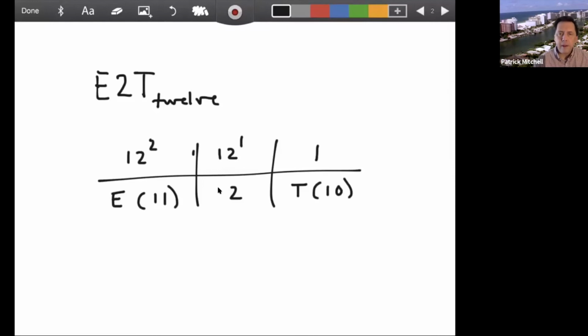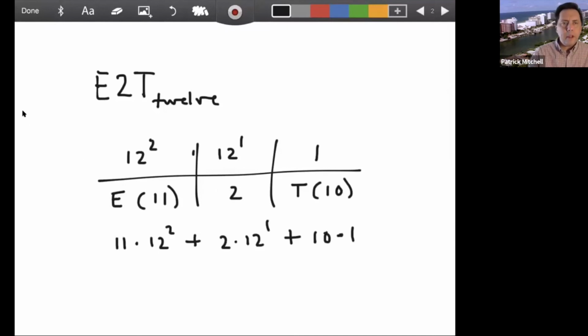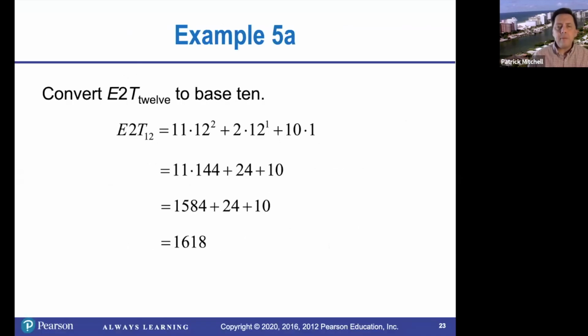And so this is how they came up with 11 times 12 to the second, plus 2 times 12 to the first, plus 10 times 1. I can't do that math in my head, so let's switch back to this. Okay, so that comes out to 1,618.